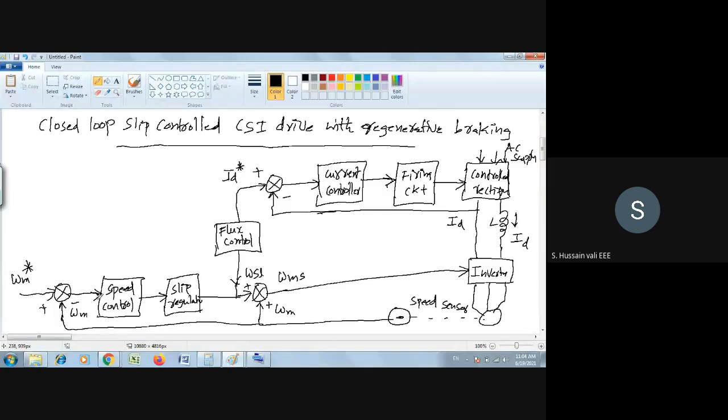Okay, now you see, this is the block diagram.